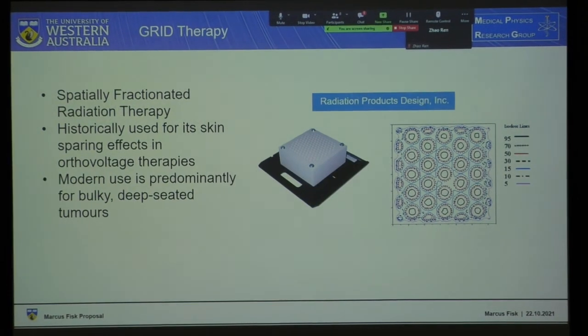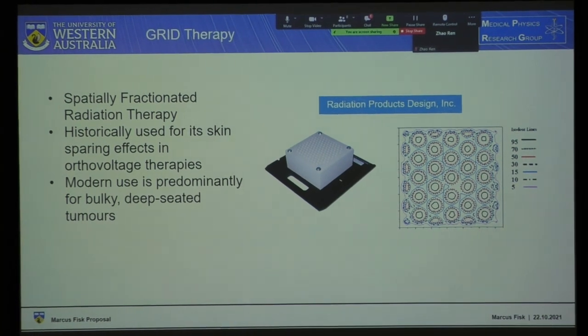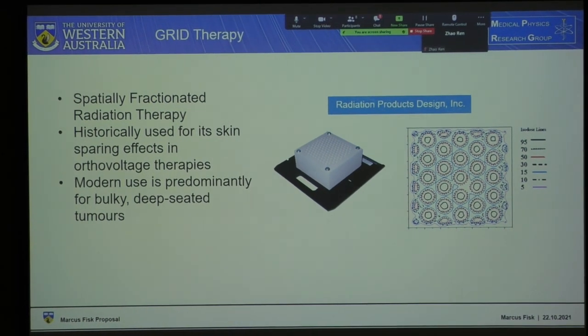Grid therapy is a form of spatially fractionated radiation therapy, where instead of supplying a uniform dose to the tumor volume, intentional inhomogeneities are introduced where there are sharp dose gradients within the tumor.